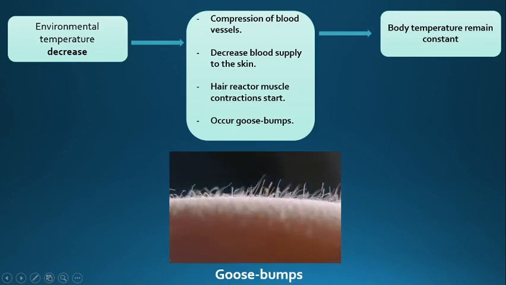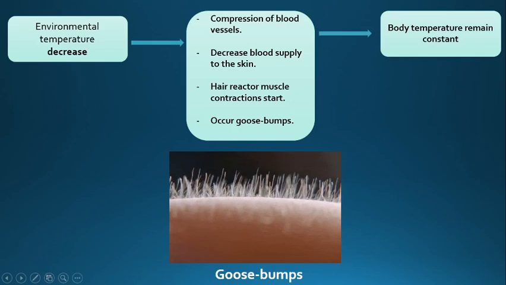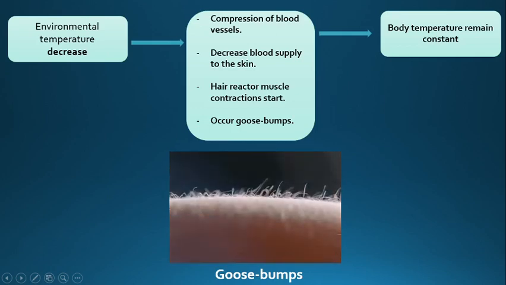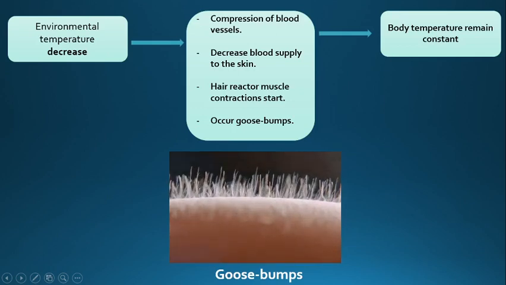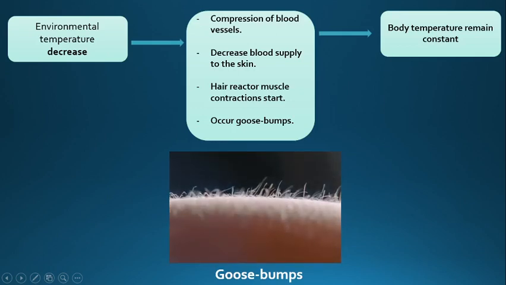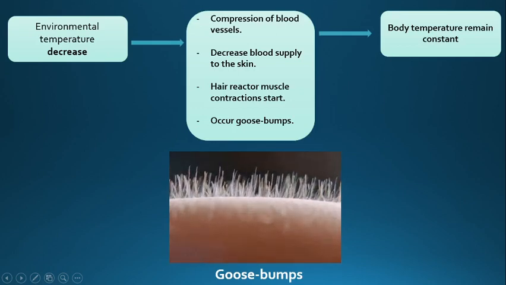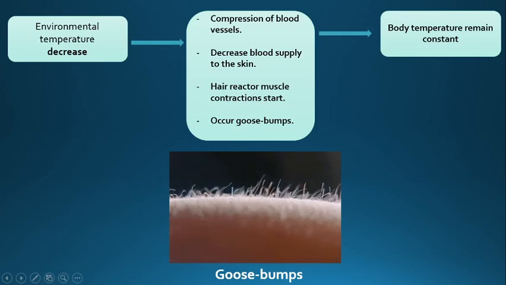This air layer acts as a barrier to flow body temperature out from the skin, and the coldness from the outer environment does not go through this air layer. So it helps to maintain the body temperature at a constant level.